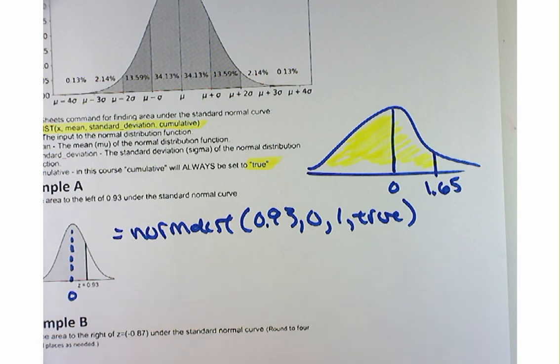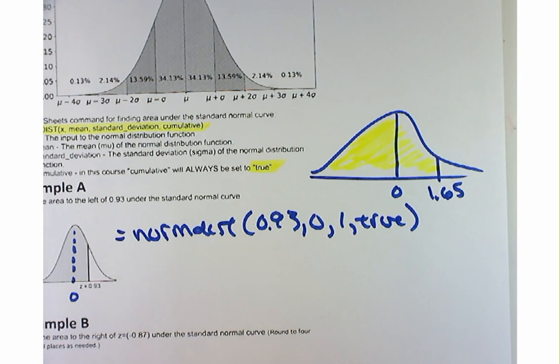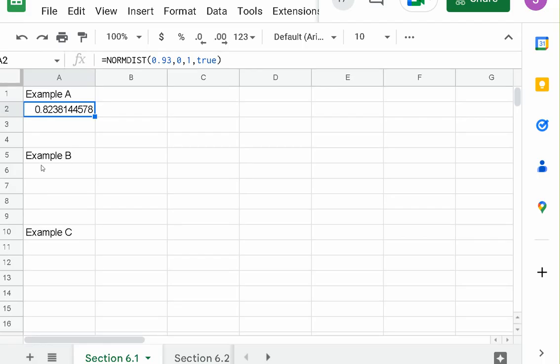So, okay. If you're trying to find the area to the left, that's the way Google Sheets is built, it's trying to find the area in the left tail. So let's take a look at that one. The only difference between the first one and the second one is this part right here. Instead of 0.93, I'm going to type in 1.65. And then the mean is 0, the standard deviation is 1, and then this is always going to be set to true.